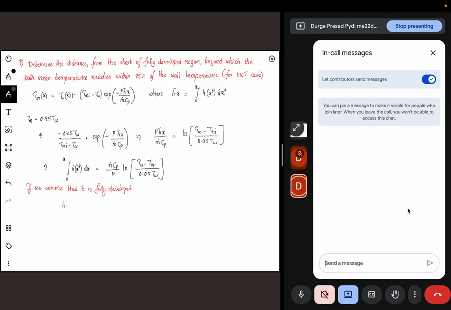Then this particular quantity will be H times that particular length, and from this you can calculate L, right?